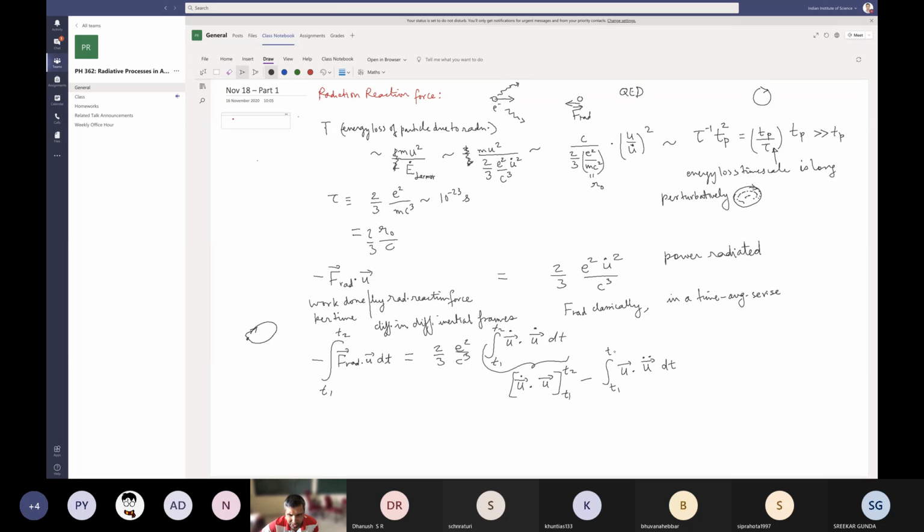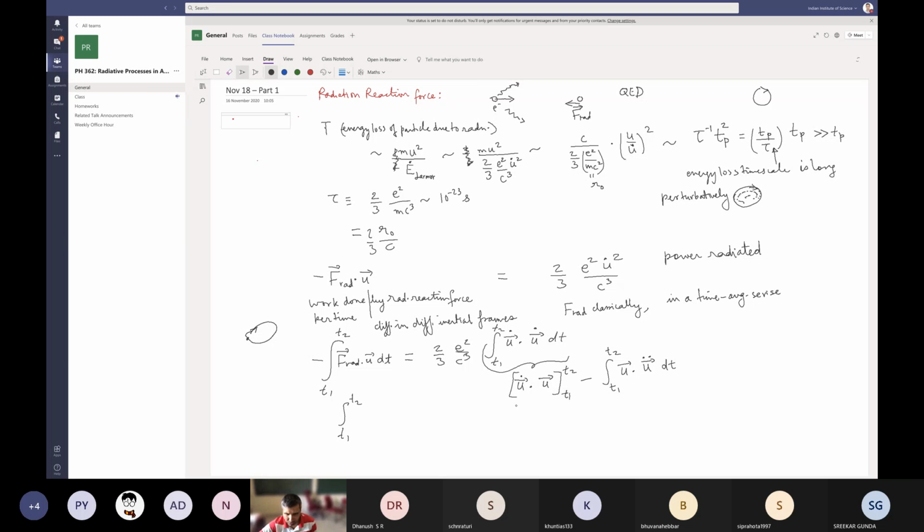What I'm doing is just integrating by parts. One of them can be treated as du dt. So the first term is u dot, and then you retain this and take a derivative of the other term, which gives you this. Now you see the expressions are somewhat similar, so we bring them on the same side.